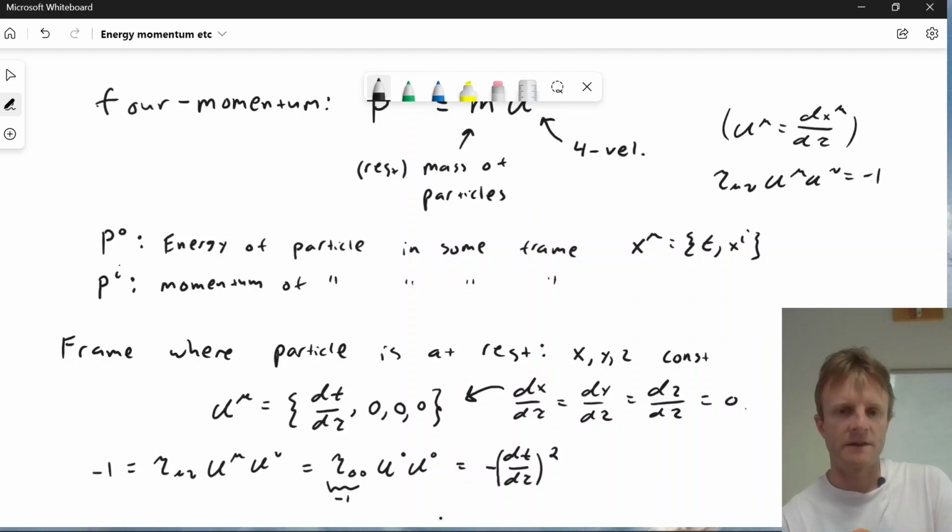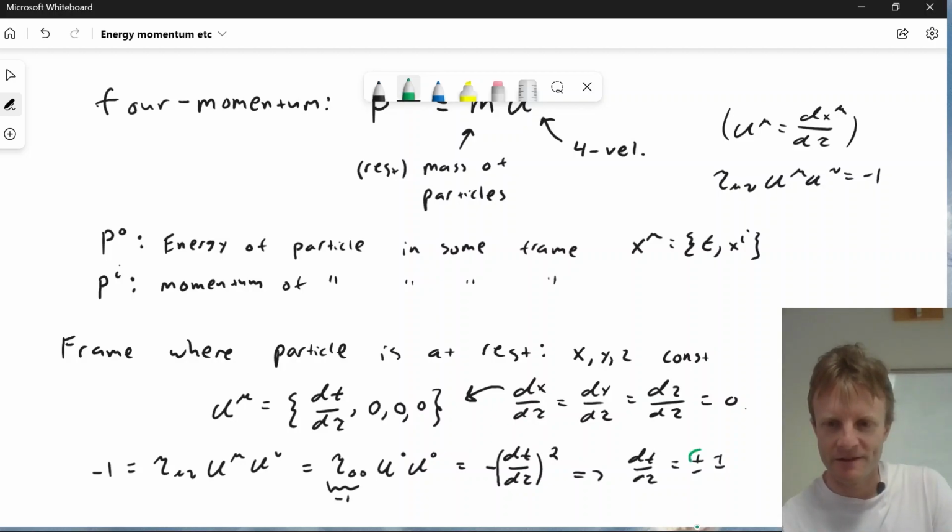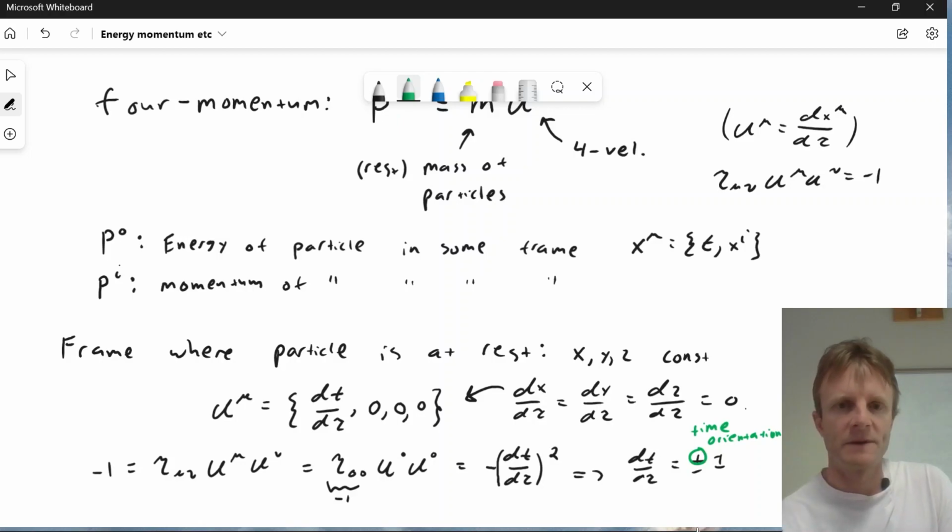And so the minus cancels, and we learn from this simply that dt/dτ is plus or minus 1, right? But we want to pick the plus so that the particle is moving into the future. t increases as τ increases, so we pick it to be plus 1.